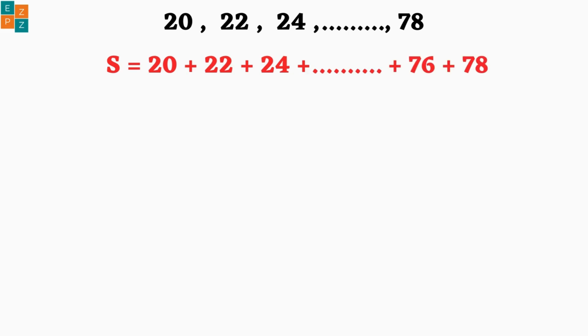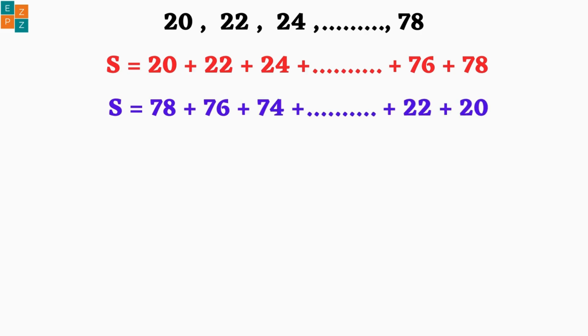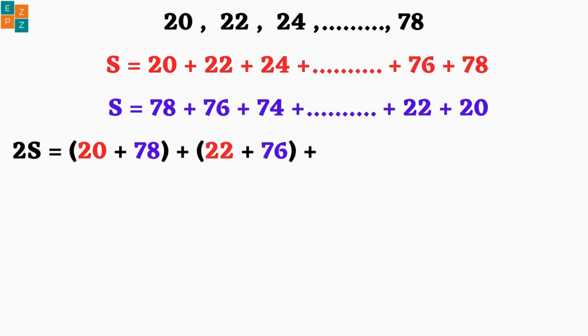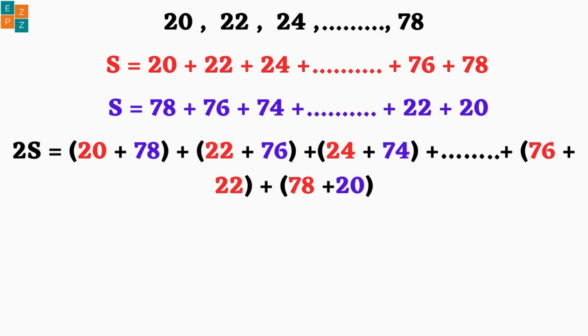Using Gauss's method, we will first write down the sum of the numbers in the series, S, in the forward way. Then, we will write down the same sum in the reverse order. We will then add the numbers in pairs in both the series. You will notice that each pair of numbers adds up to 98.